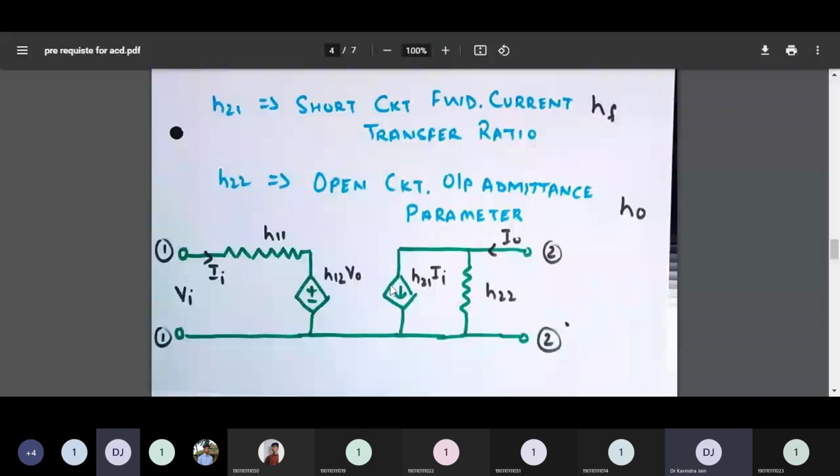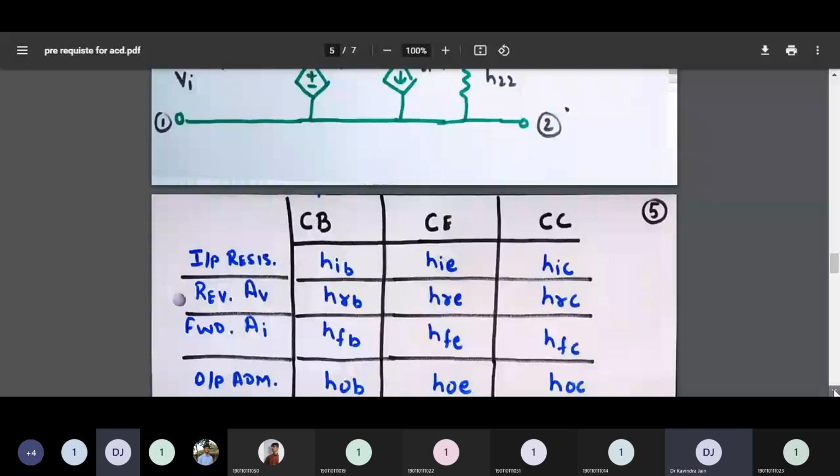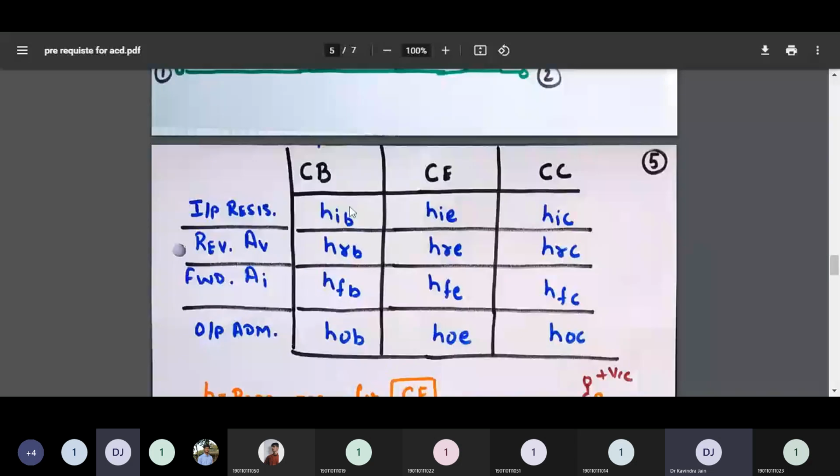Similarly, this thing becomes our output current, and this thing becomes our output admittance, which is in parallel. So this is how we represent the circuit. Once we represent this circuit, then we go for all the 3 configurations. As I have told, whether it is common base, common emitter or common collector, these first subscripts would remain the same. Only the last subscript would change accordingly.